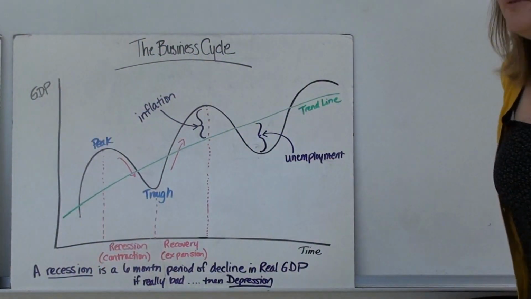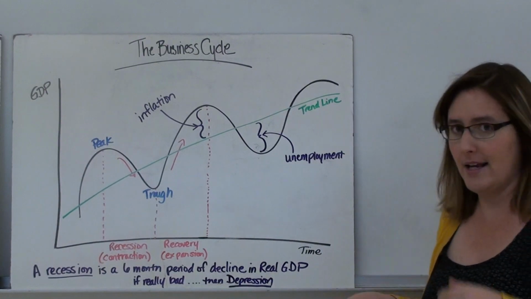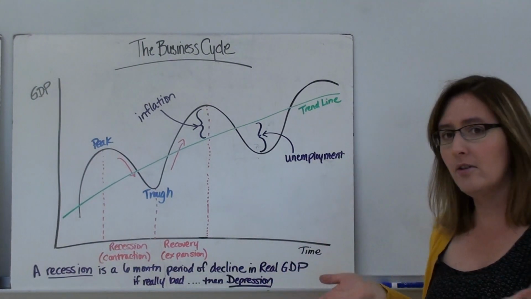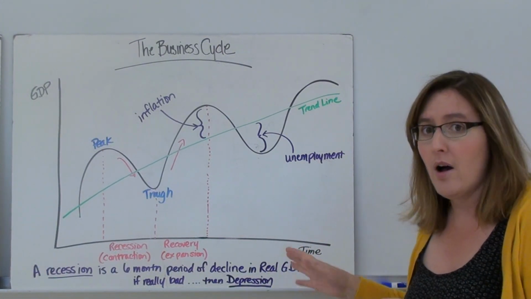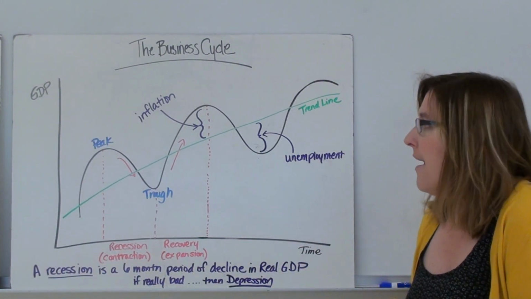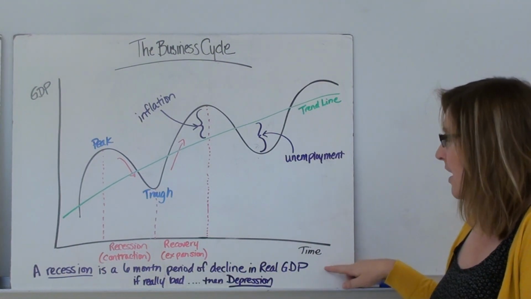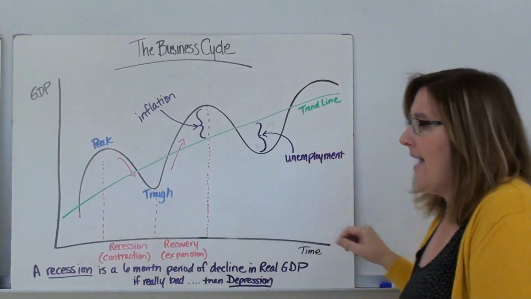And then the last thing we need to work with for GDP is the business cycle. So business cycle is another graph that you need to know. I want you to draw this in your notes and know it well. We'll work with it a lot. It's a graph that's comparing GDP and time.